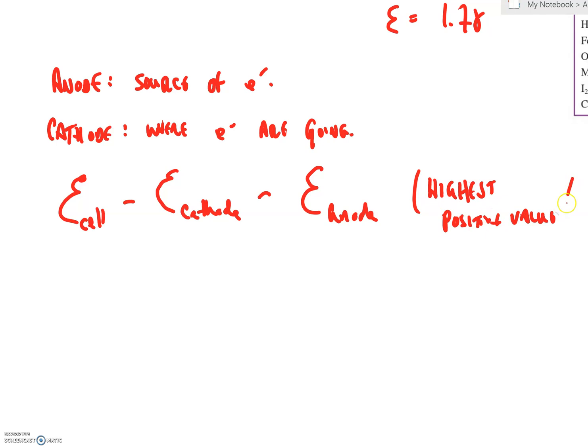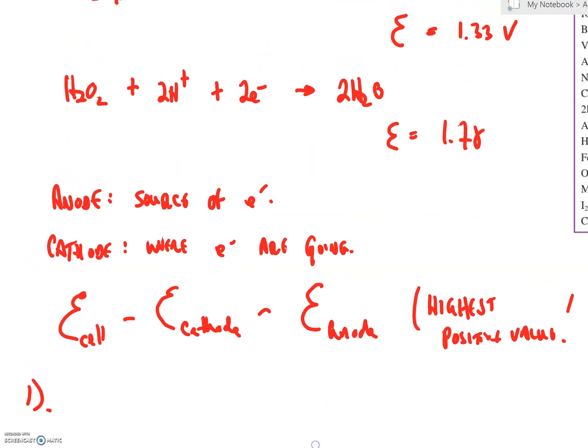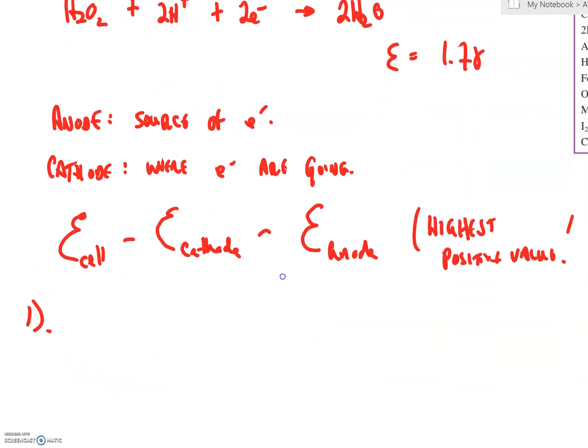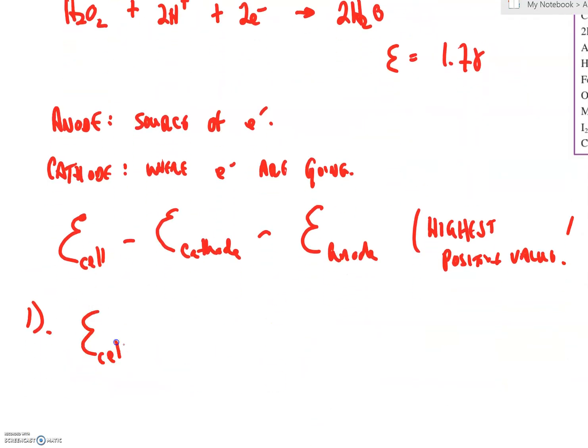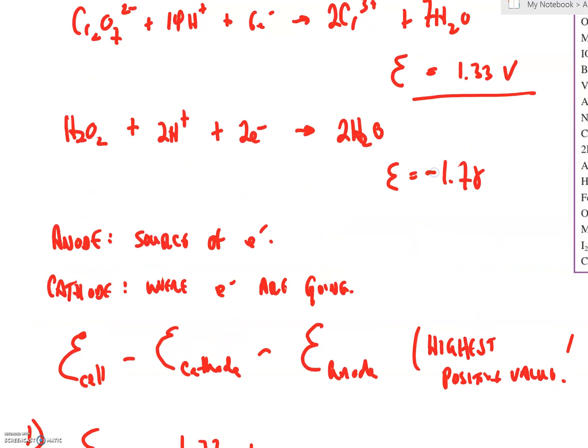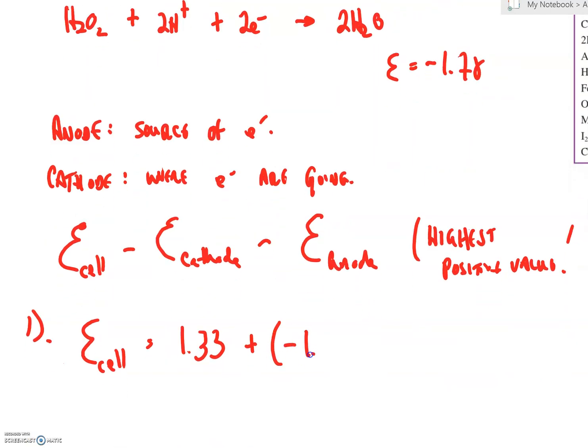So we've got a couple ways that we could do this. Remember that we're going to flip the sign of the anode and add them together. We have two ways we could do this. We could make this our cathode, and so E cell would be 1.33, and we are going to flip the other one, make it negative, and add that here.